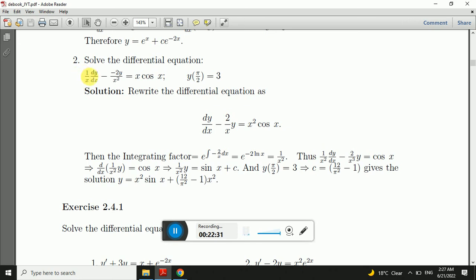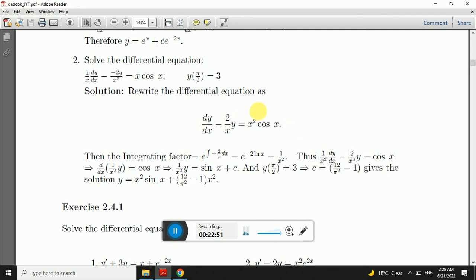So you multiply by x here, you remain with dy dx minus negative 2 over x squared times x times y, that will give you 2 over x y. Then if you multiply by x this side, you have x squared cos x.